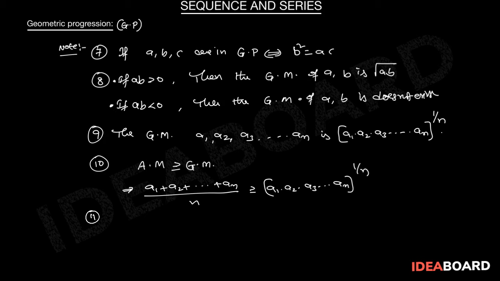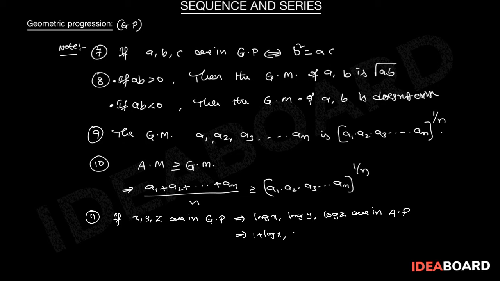11th one. If x, y, z are in GP, that implies log x, log y, log z are in AP. That implies 1 plus log x, 1 plus log y, 1 plus log z are in AP.